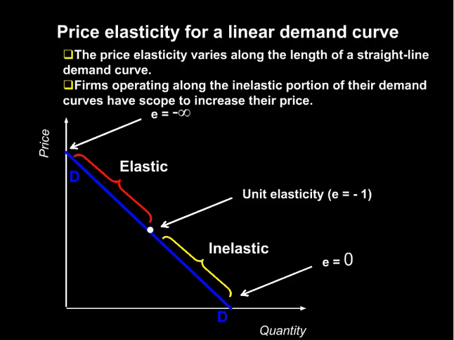And that point is represented here. We're saying that the price elasticity varies along the length of a straight line demand curve, and you can see the elastic proportion at the top part of the demand curve and the inelastic measures of elasticity in the bottom part of the demand curve.